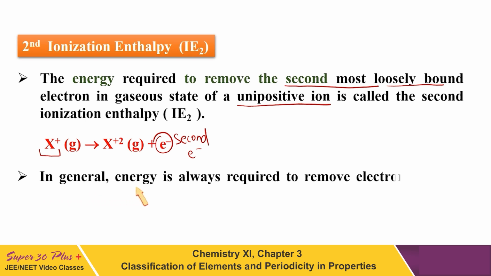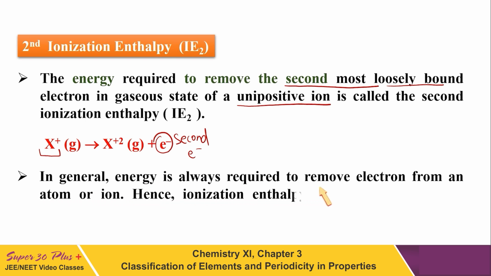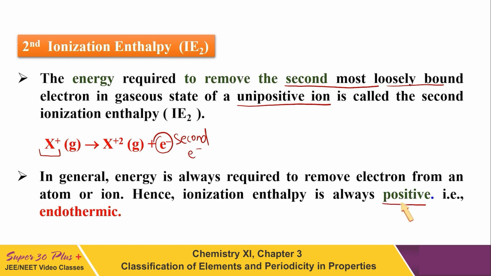In general, this energy is always required to remove an electron from an atom or ion. So ionization enthalpy is always positive because it is required energy, or you say this process is endothermic in nature. It is never a released energy. It is always a required energy.